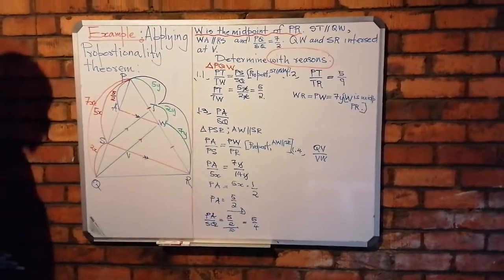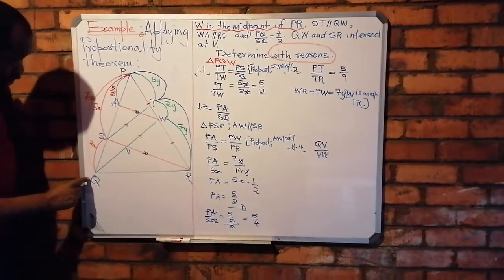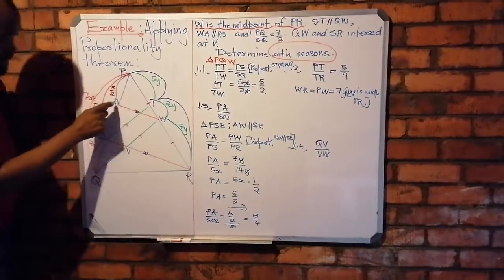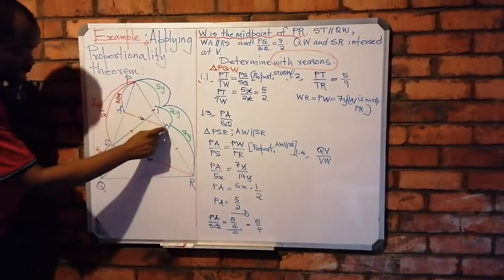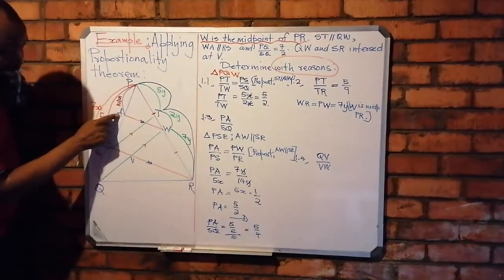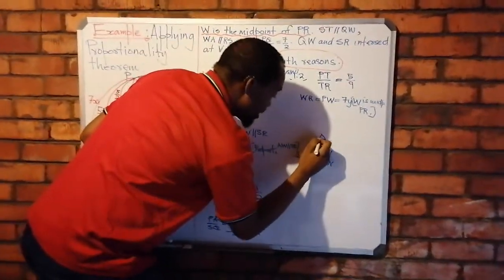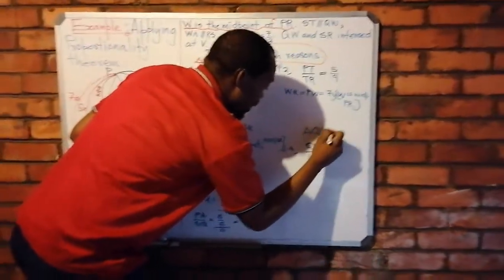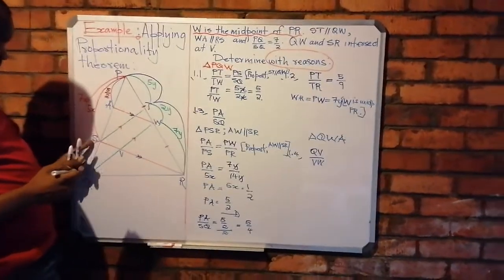I'm looking for that particular triangle. QWA. Now, if you look at QWA as a triangle, let's write that. Triangle QWA. Beautiful.